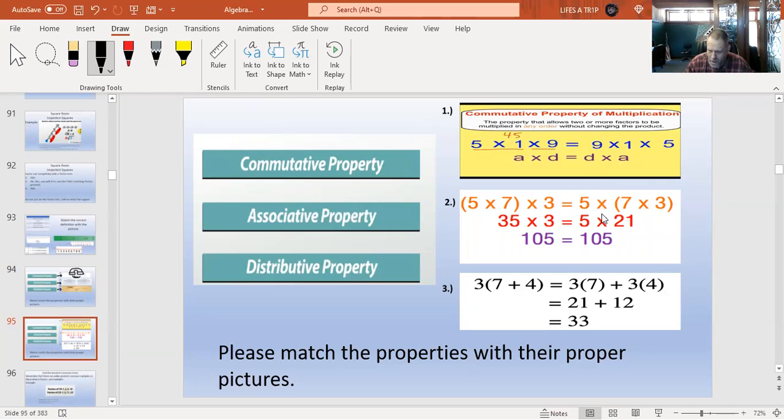So let's look at associative property and multiplication. Specifically, we're looking at multiplication because a lot of your geometry is going to come from the multiplication. So let's look at 5 times 7 times 3.